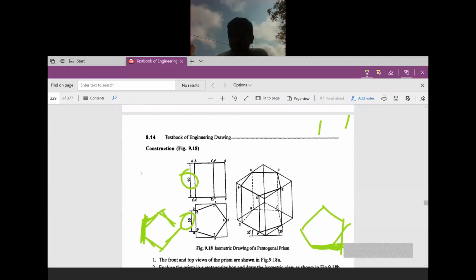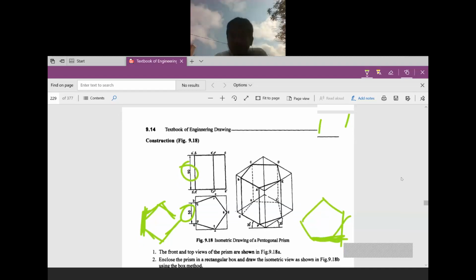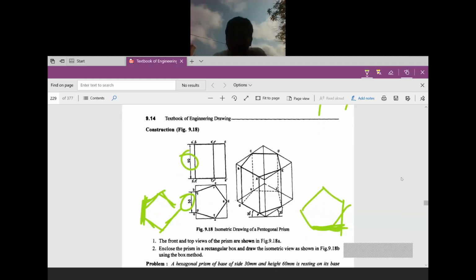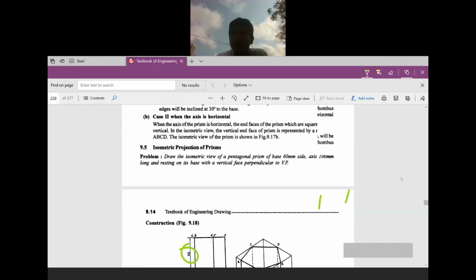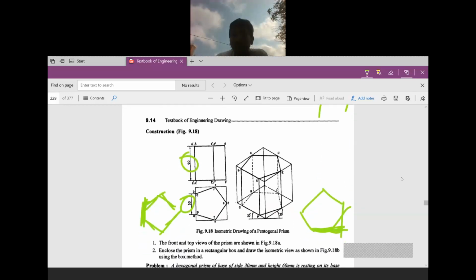Here he has given the base as 60 mm and axis height as 100 mm long, resting on its base on the vertical face perpendicular to VP.